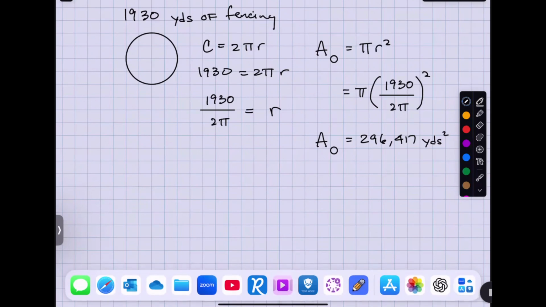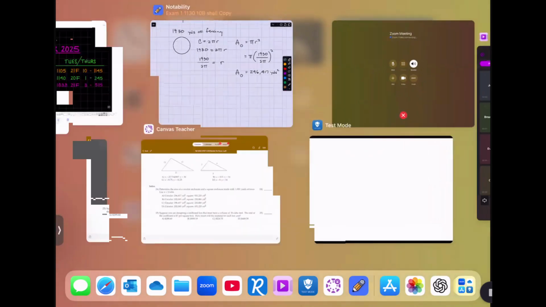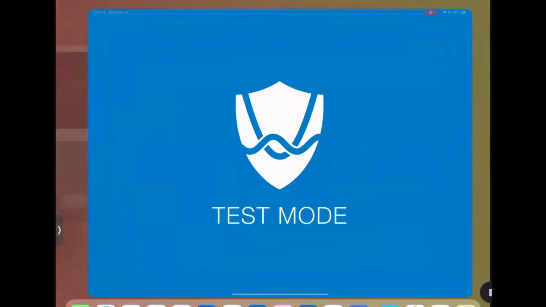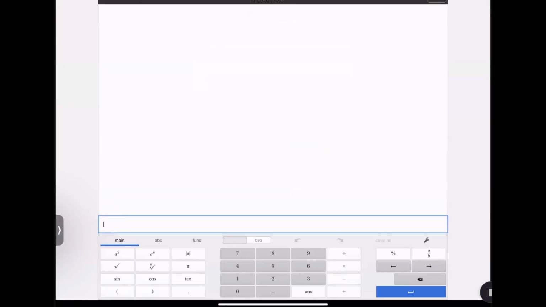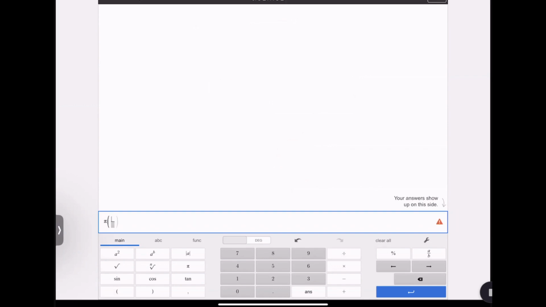So here's the reason why I like using Desmos, just so you guys know. Apparently, Desmos doesn't like me using it. It doesn't matter if I use graphing or scientific. So it was pi times, parentheses, make a fraction by dividing.